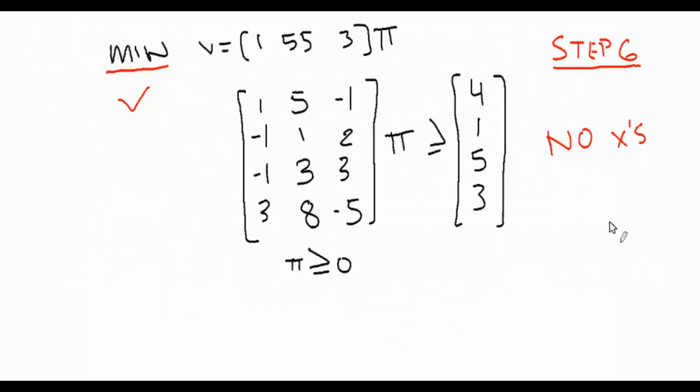At the end of making a dual, you can go back and check to make sure if you have any primal variables in there. If you do, you did something wrong and you need to go back and check. So let's look here in our problem. Well, we have pi's, we have constants here in our coefficient matrix, our right-hand side. We don't have any x's. So check, we did that right.